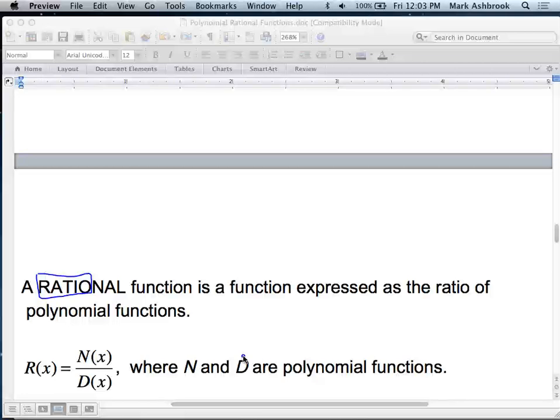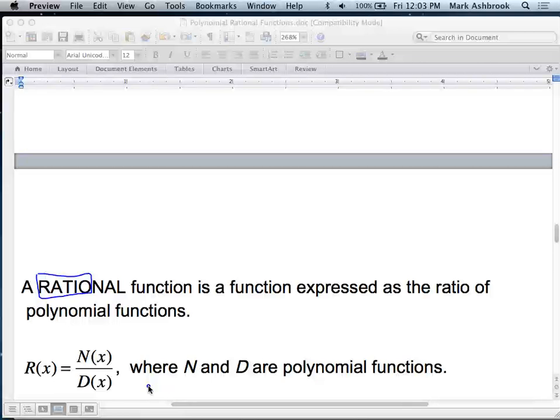We'll use n of x here to mean the polynomial in the numerator, and d of x would be the polynomial in the denominator. All the stuff that we learned about polynomials is going to be really important for understanding rational functions. All those same principles, for the most part, apply, and we'll see that.